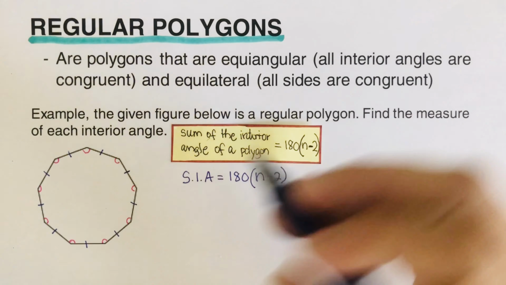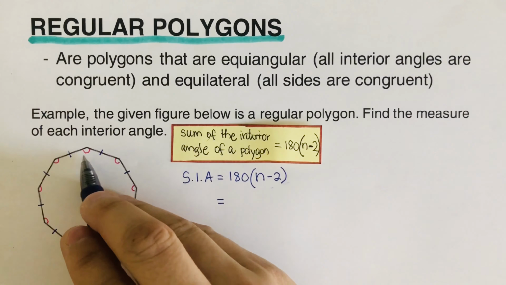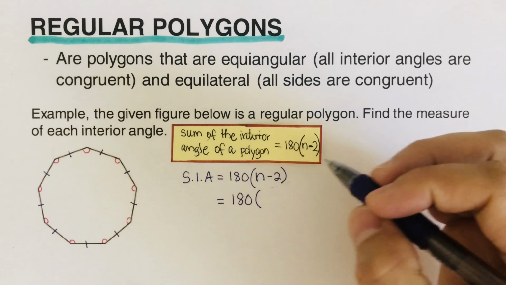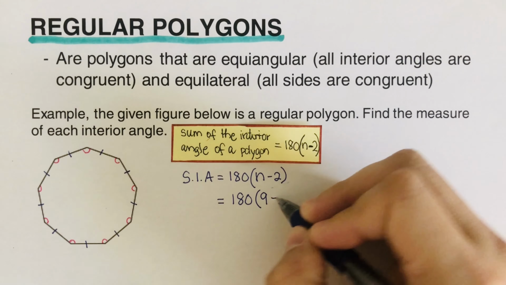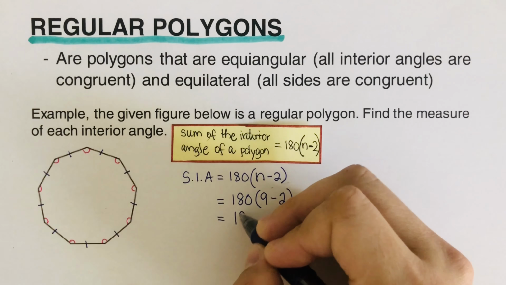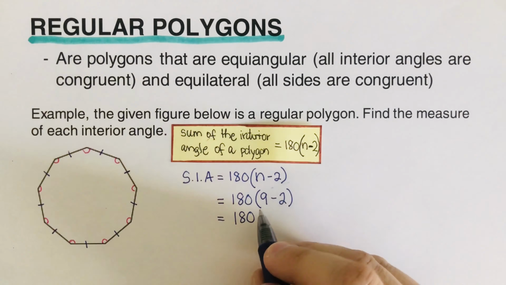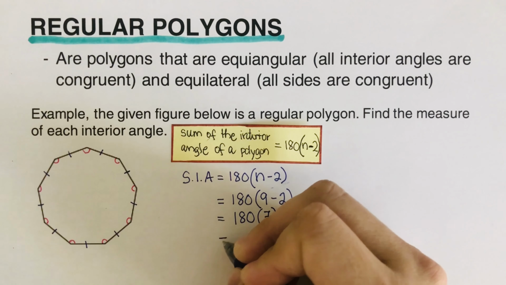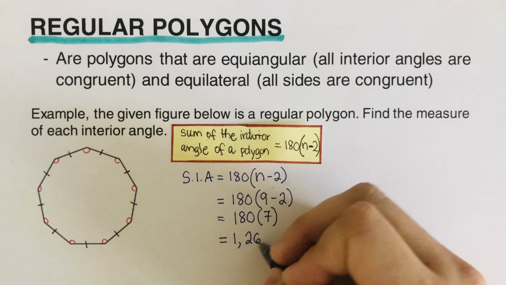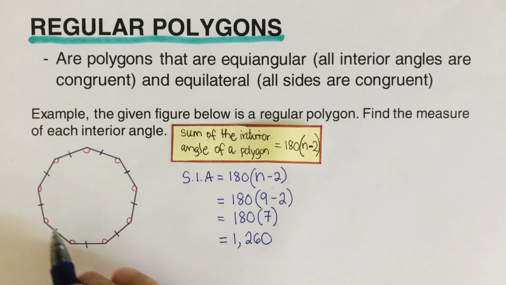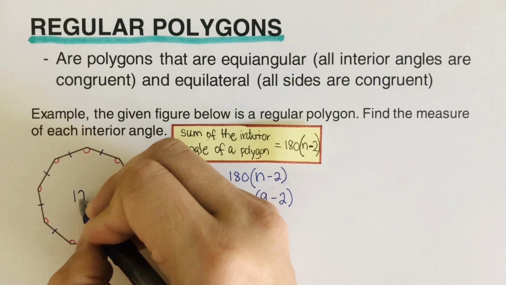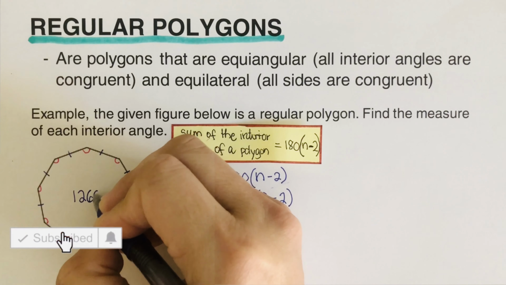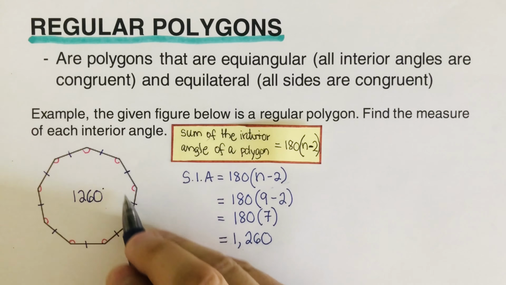This is a nonagon, so there are 9 sides: 180 times 9 minus 2, which is 180 times 7, which is 1,260. So if I total all of those red angles, that would be 1,260 degrees.